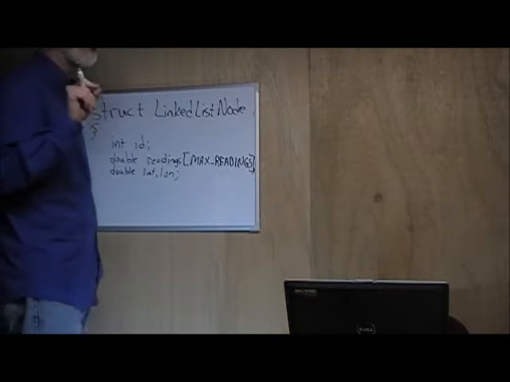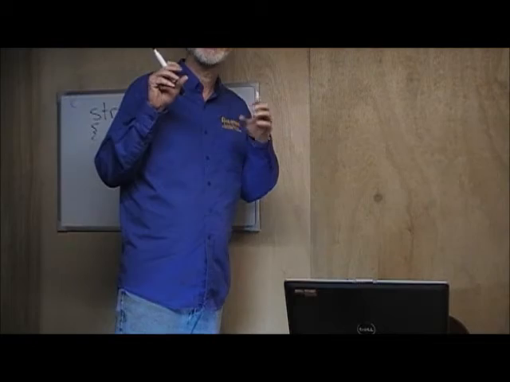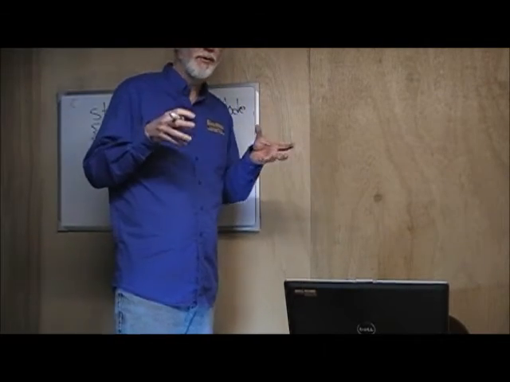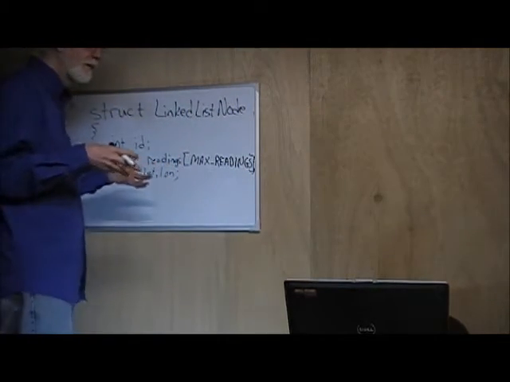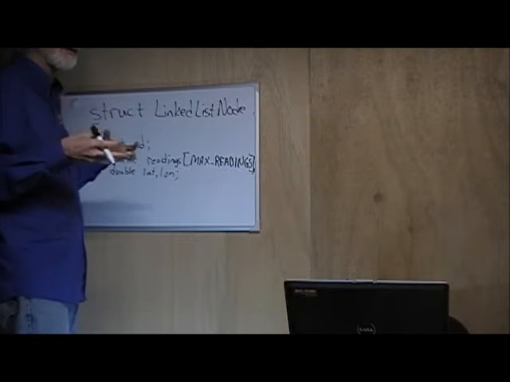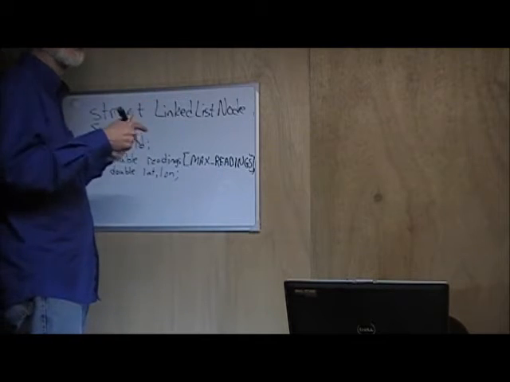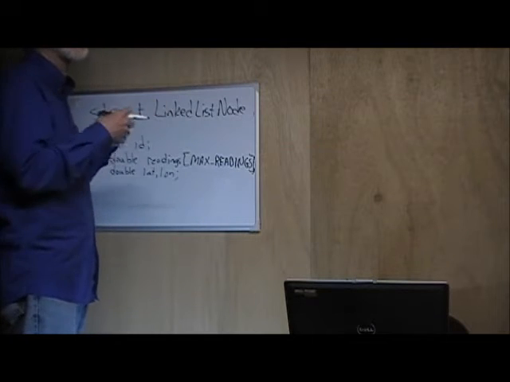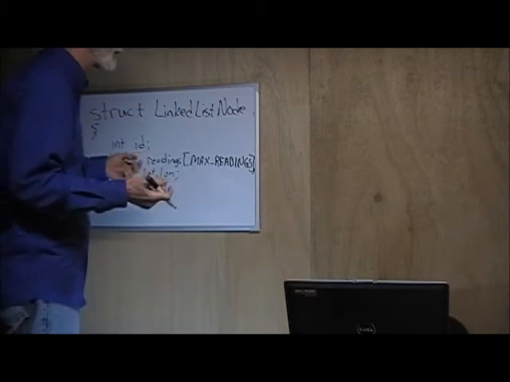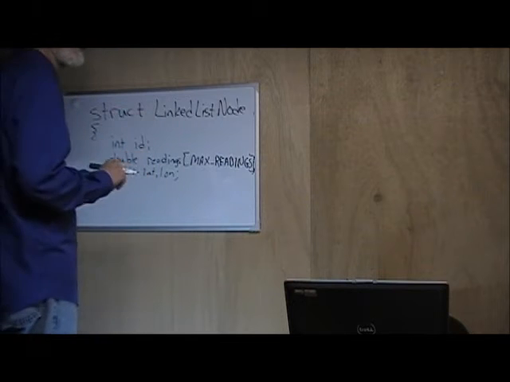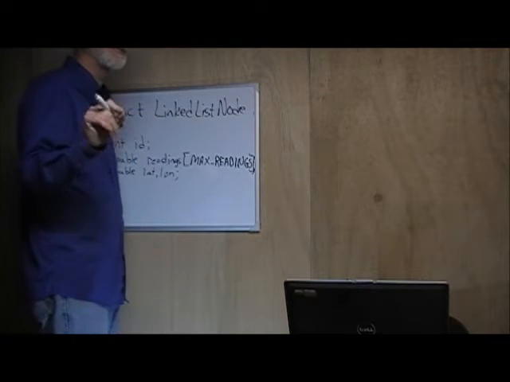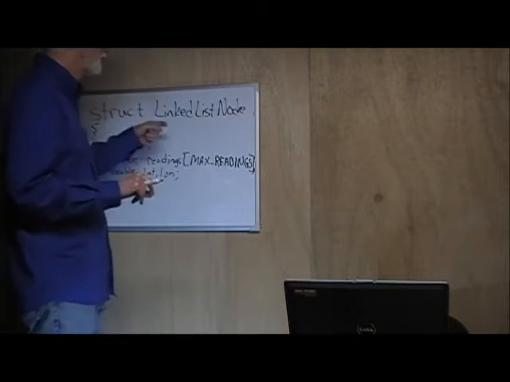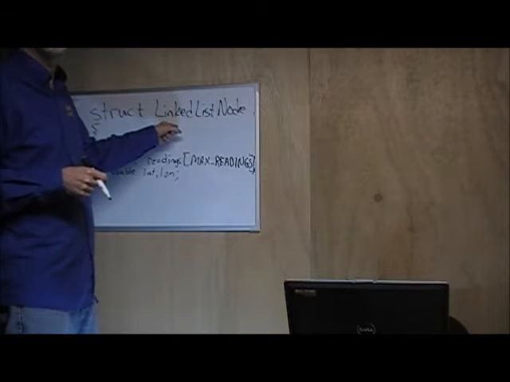And the linked list part of this is a pointer. The pointer is the thing that's going to make the links. I draw them as arrows in the diagram. Those arrows are essentially memory addresses. So I need something that can hold a memory address, but what does it need to point to? It needs to point to one of these things.